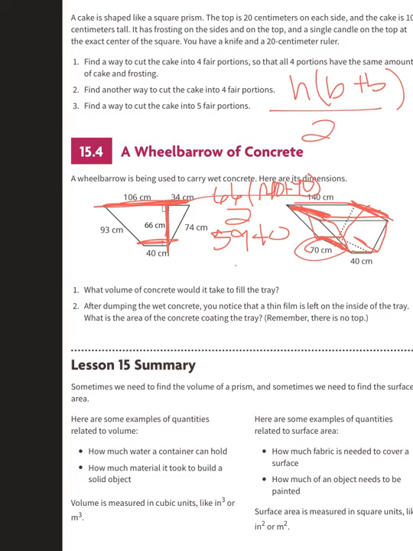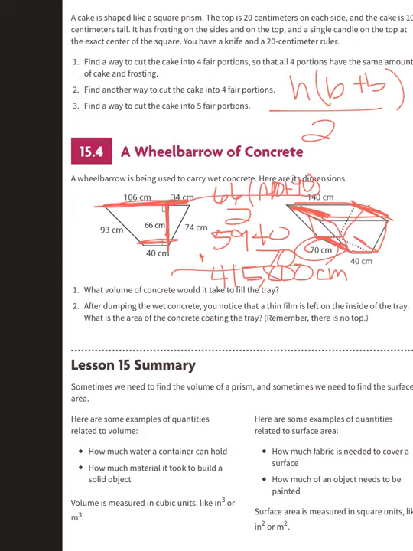So my length here is 70. So I'm going to go 5,940 times 70, and that will give me the volume, how much concrete I can fit in there. So 5,940 times 70, I get 415,800. So 415,800 centimeters cubed. Okay, so that's volume.